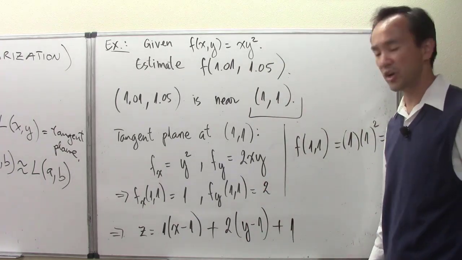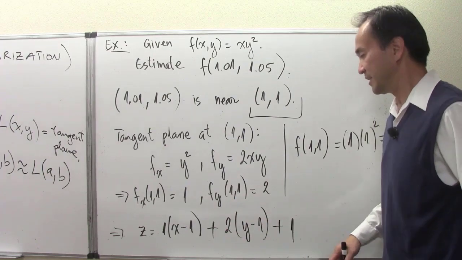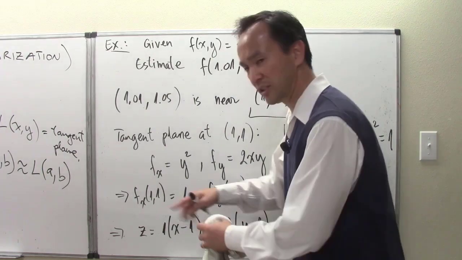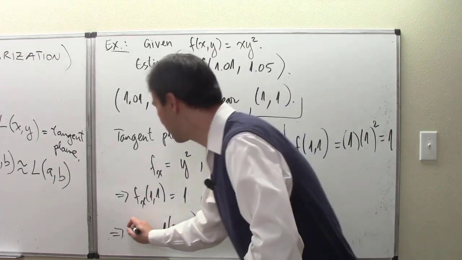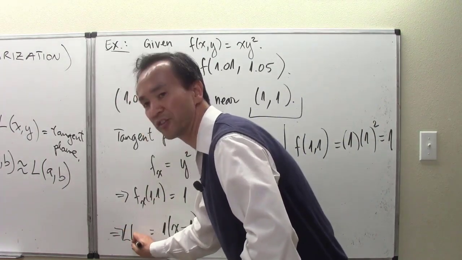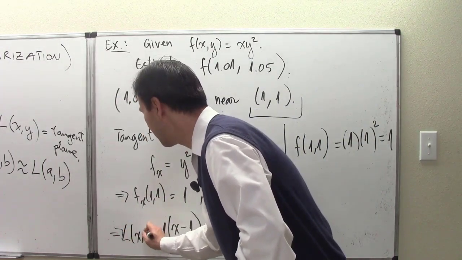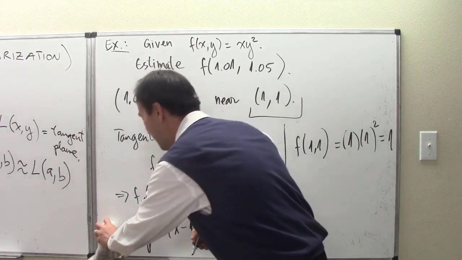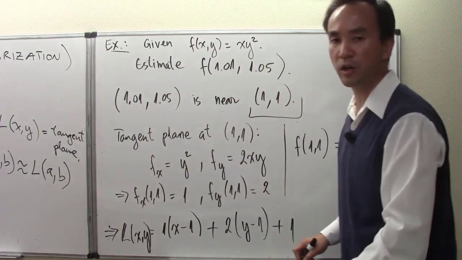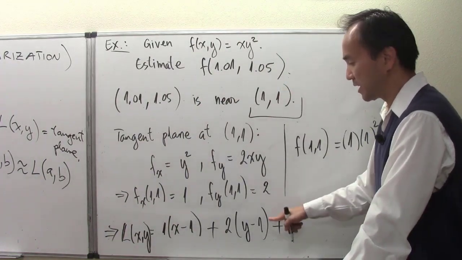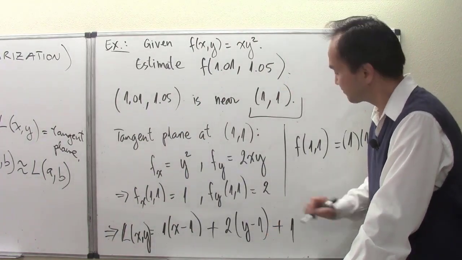That is the equation of my tangent plane. Here, instead of calling that z, I'm calling it my linear function L of x, y. Ladies and gentlemen, that's what the L is all about. So this is my linear function.